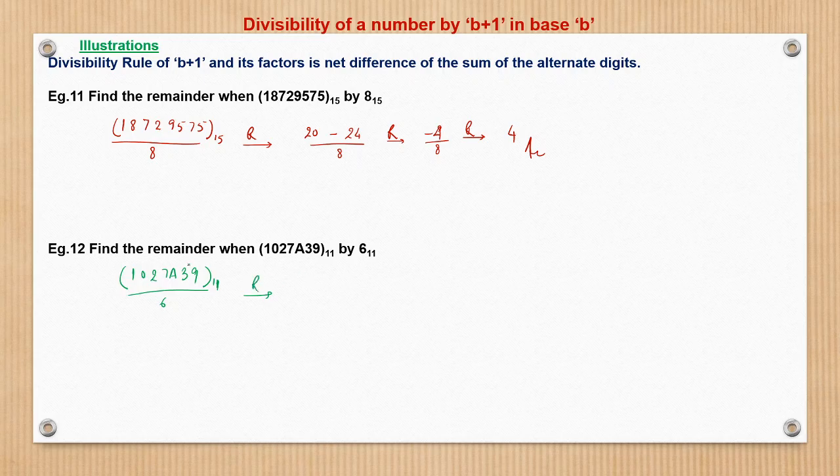So the remainder would be 9 plus A, A is 10, 19, 19 plus 2 is 21, 22, minus 3 plus 7 is 10, 10. So this is the case. And now we know that this addition and subtraction we will be doing in base 10 here. So it becomes 12 by 6. Here the remainder would be 0.